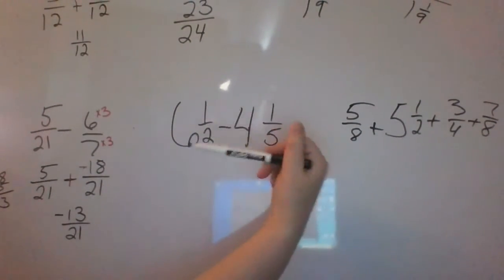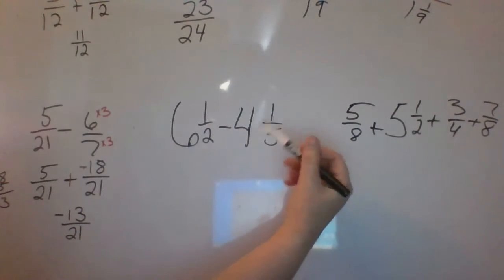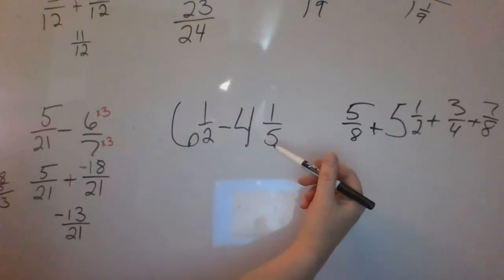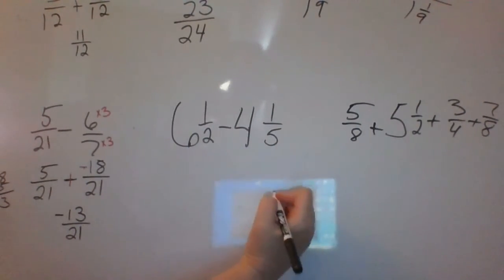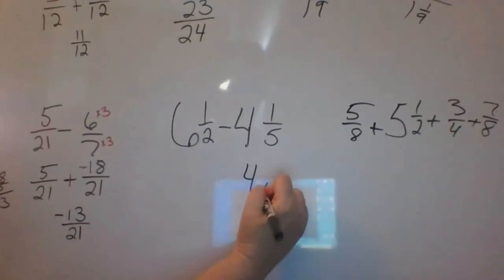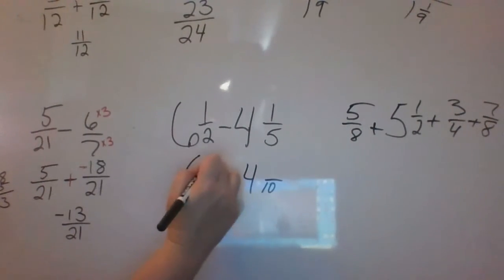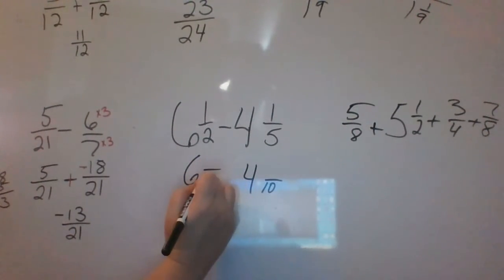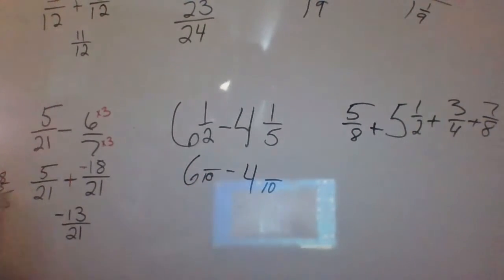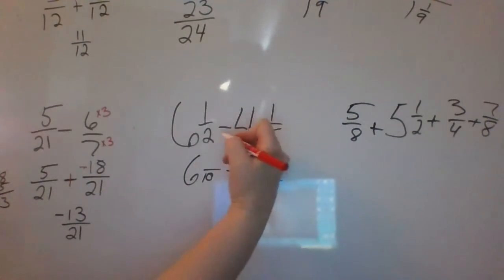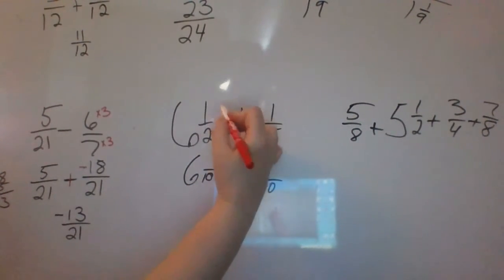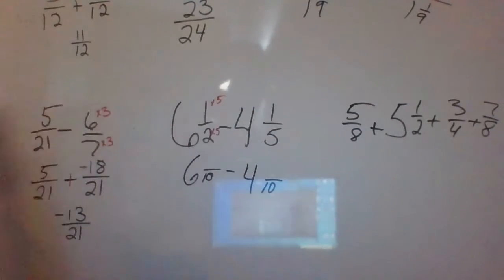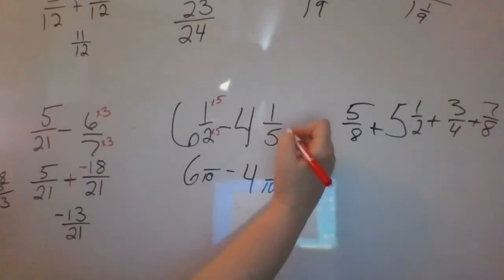Next up, we have 6 1/2 minus 4 1/5. The common denominator here, of course, is 10. So we are going to take care of changing our denominators to be 10. Here, I'm going to multiply times 5, and over here, I'm going to multiply times 2.